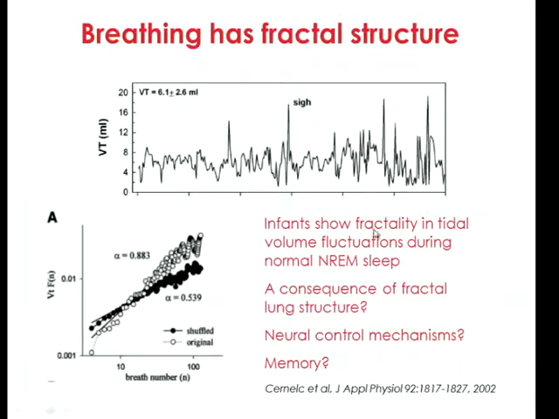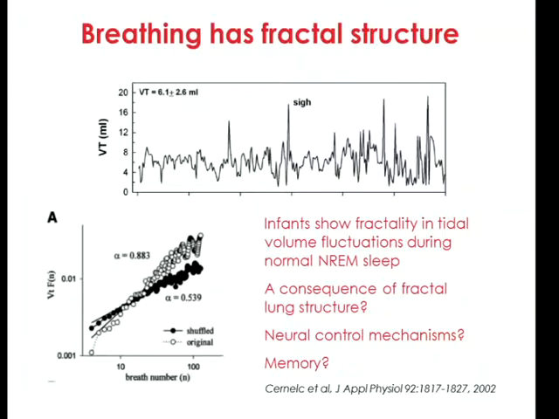Using these analyses, people have applied this to breathing in infants and found that the slope was greater than 0.5, and that it also changes depending on sleep stages in the infants. We still don't know why that should be the case. We don't know why breathing is non-random. People have posited maybe it's a reflection of the control mechanisms behind breathing.